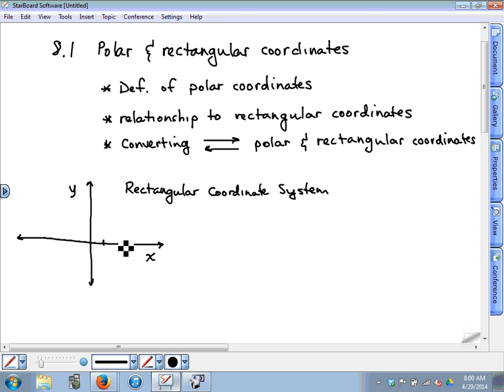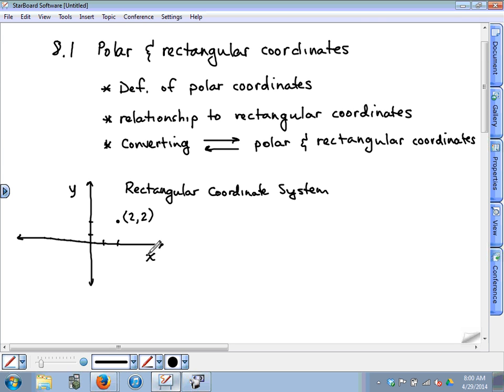For example, this point right here, how would you describe the location of this point on a rectangular coordinate system? 2, 2. And that works pretty well. Rectangular coordinate system is great.